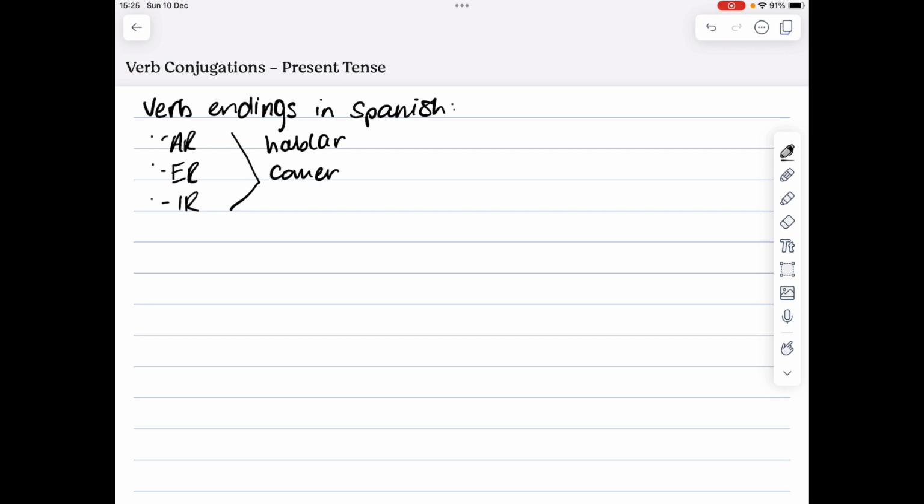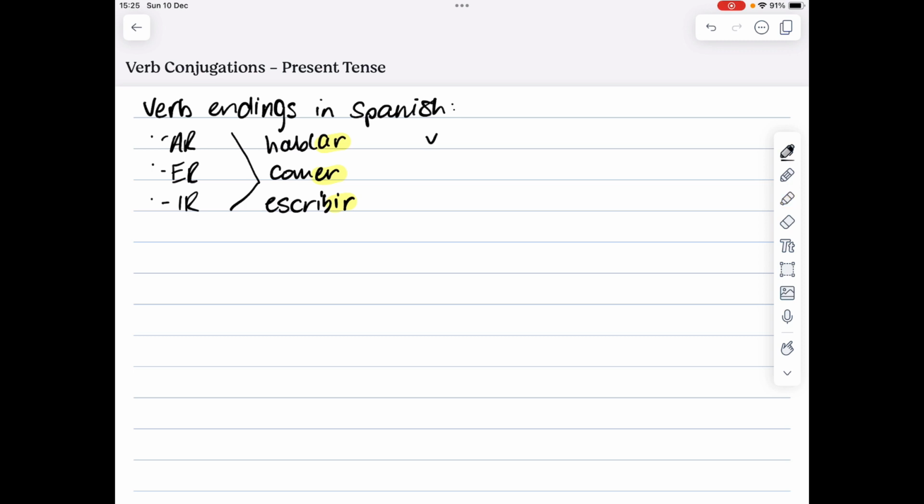Comer, and escribir. There are characteristics in these three that can help us identify that these are verbs, okay? And they are obviously what we've just discussed, the fact that they end in either AR, ER, or IR.